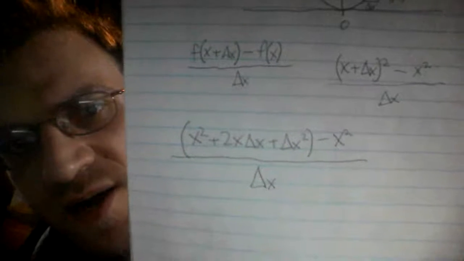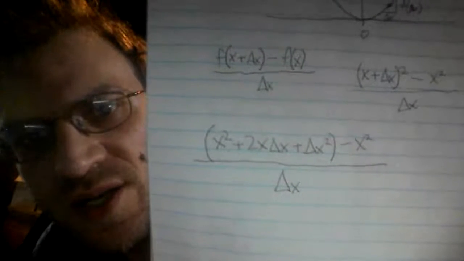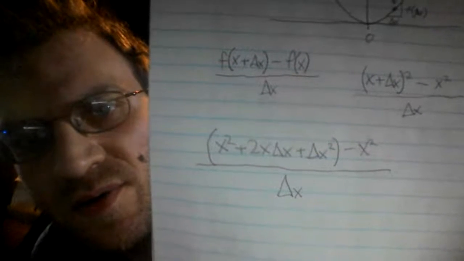I've expanded it out, and the parentheses don't matter that much in this case, but you can see that the x squareds will cancel out, first of all. So I'm just going to cross those out.